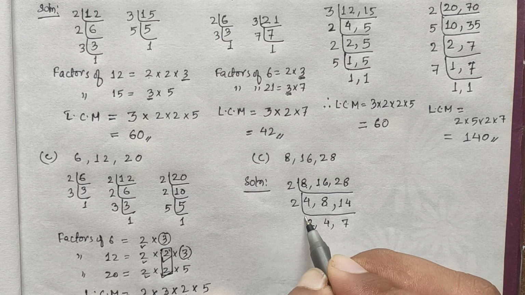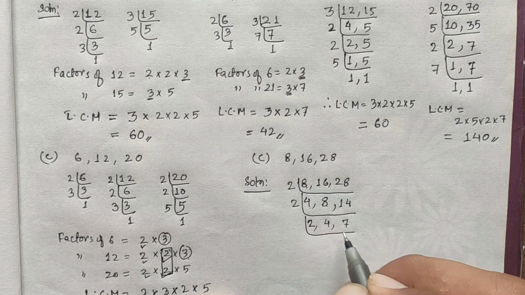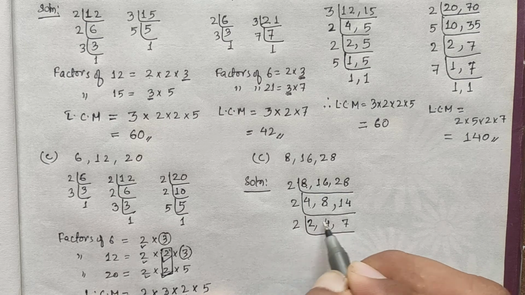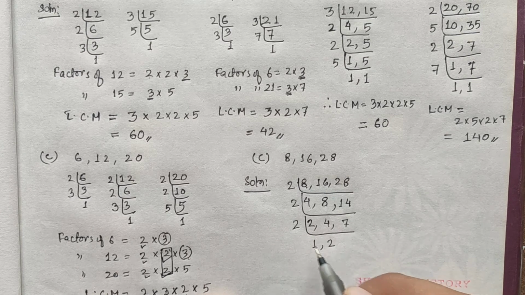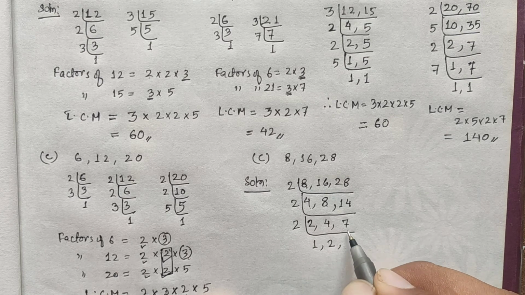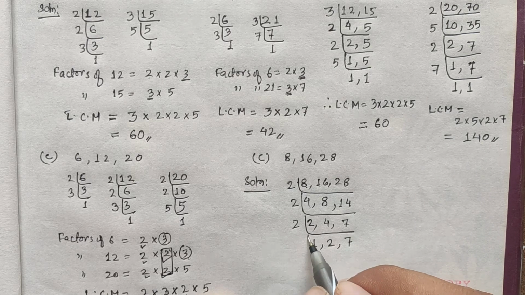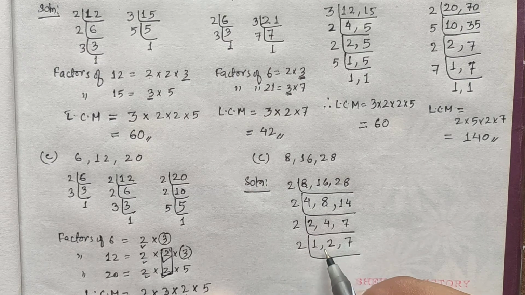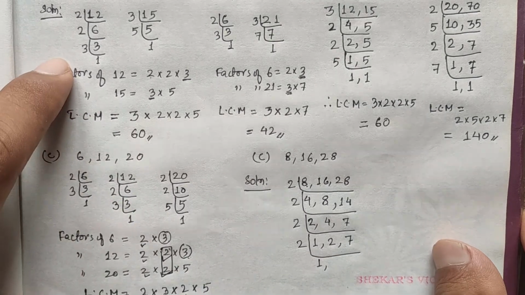So we will take that number which can divide 2 or more of them. So 2 can divide these 2 numbers, so we will take 2. 2 times 1 is 2, 2 times 2 is 4, and 7 is not exactly divisible, so we will write it as it is. Okay, again here I am dividing by 2, so 1 remains as it is because 1 is not divisible by 2. 2 is exactly divisible, here the meaning of divisible is exactly divisible.